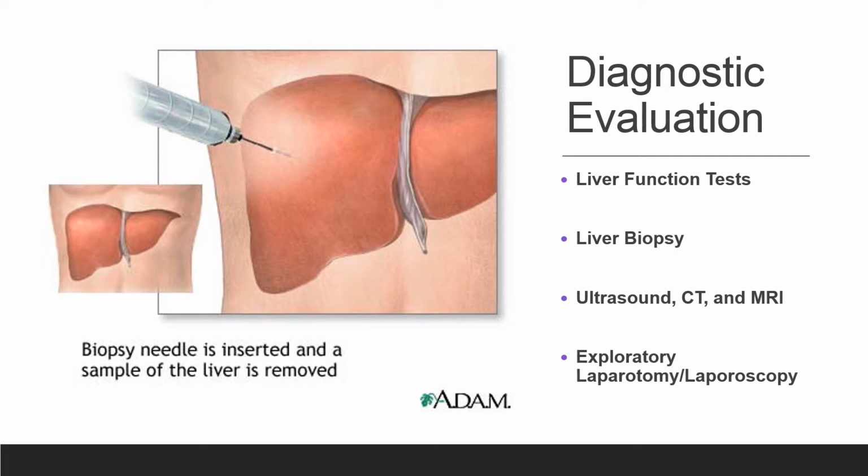These labs help to identify the liver's ability to function properly in the role it plays in the body. Each lab provides specific information such as the liver's ability to metabolize fats, proteins, and medications, as well as its ability to excrete bilirubin.